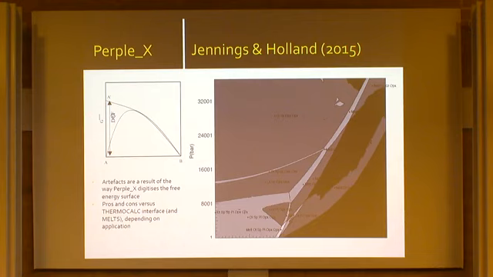This is the excess free energy. You can do that by a simple symmetric model, say, and then a linear offset of the end-member properties, and that's included in this Jennings and Holland melting model.